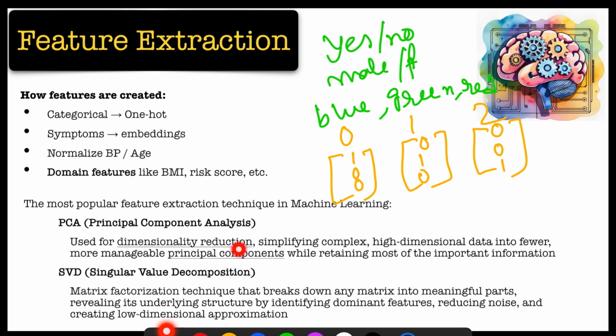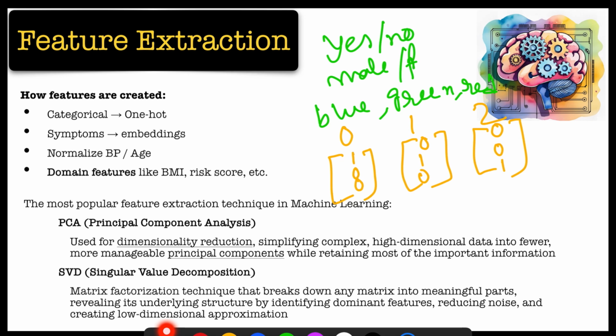These principal components are the new features, while retaining most of the important information. So if we have, let's say, 5 or 10 features, we'll extract maybe 2 or 3 meaningful features from that, while retaining most of the important information. If you want to understand how we do that, you can see the video.